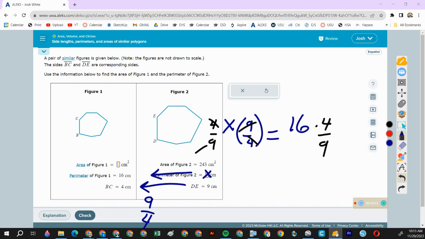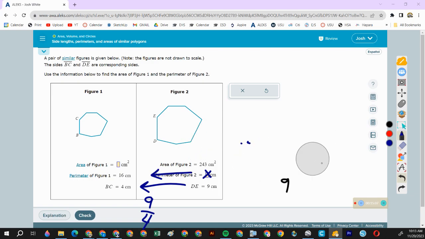So 16 times 4 divided by 9 is going to give me 64 over 9. Oh, I'm going the wrong direction, huh? Thank you. Sorry. So if I'm going in this direction, it's 4 over 9. Thanks for pointing that out.